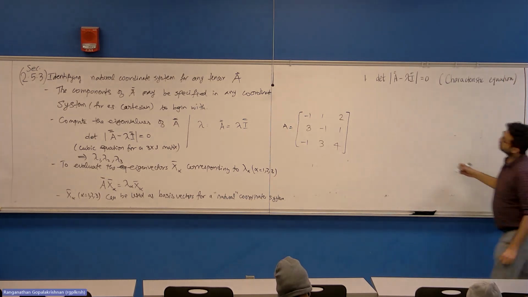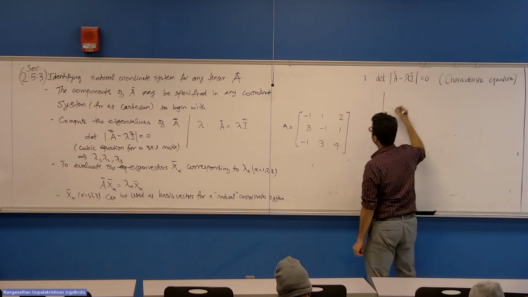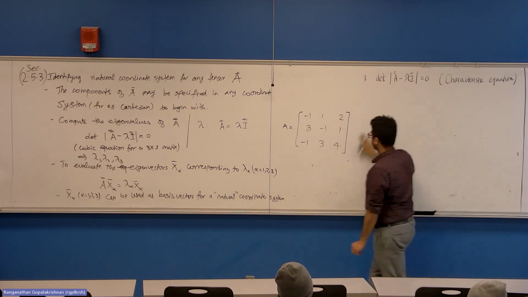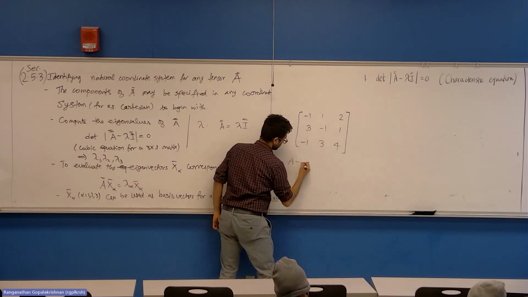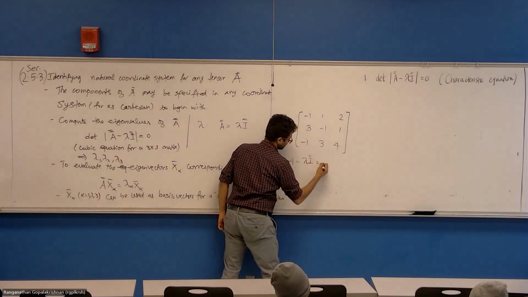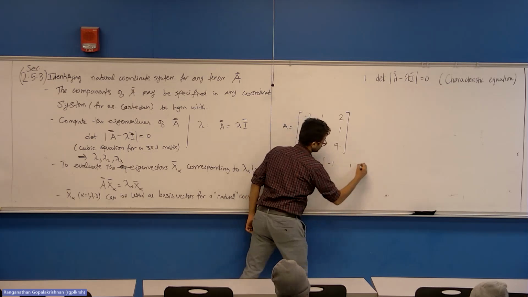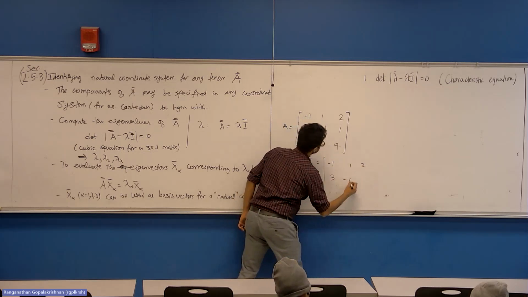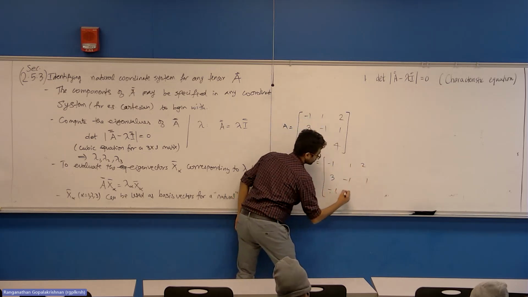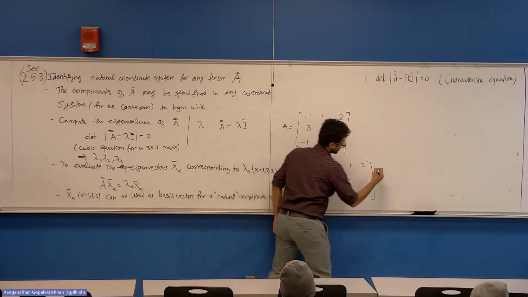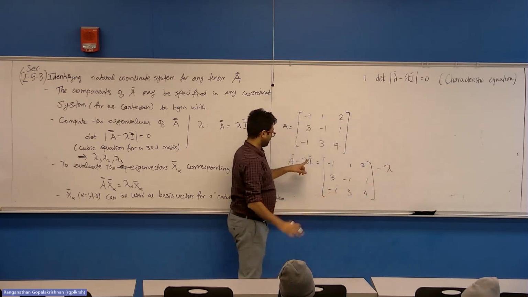So that's like writing, what is A minus lambda I? A minus lambda I is equal to this matrix minus 1, 1, 2, 3, minus 1, 1, minus 1, 3, 4, minus what is lambda? Lambda is some scalar which is not yet known. And what is I?